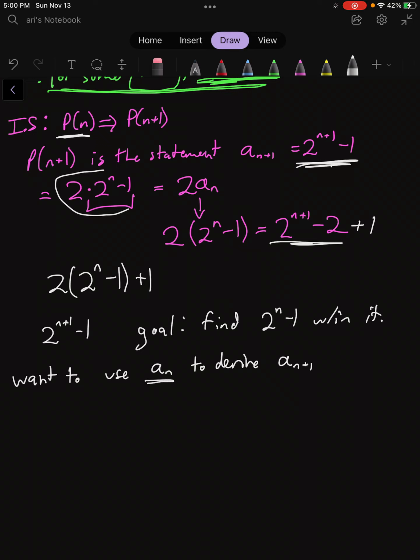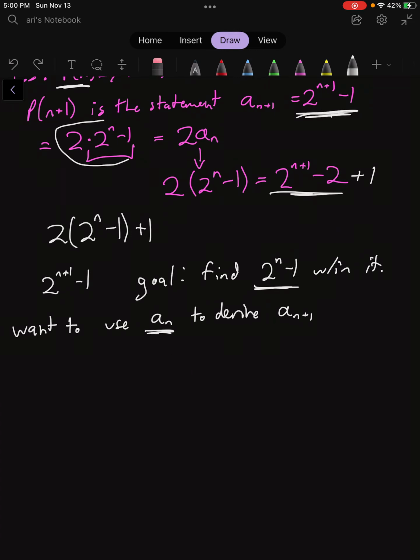So we want to find this a of n equals 2 to the n minus 1. So first thing I did was I turned this into 2 times 2 to the n minus 1.